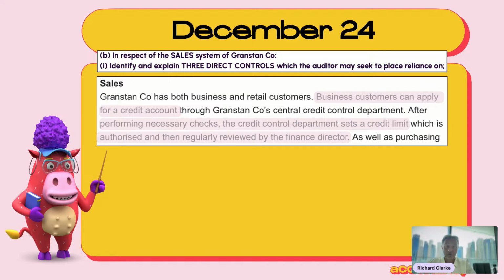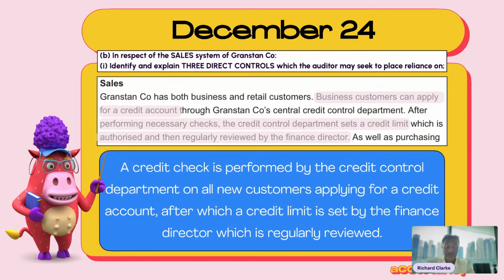Obviously, that's a control they've put in. They said, look, what has to happen is we need to do some checks on the customer before they become a customer that we give credit to. And then we need to regularly review it. So there's a couple of controls in there, isn't there?